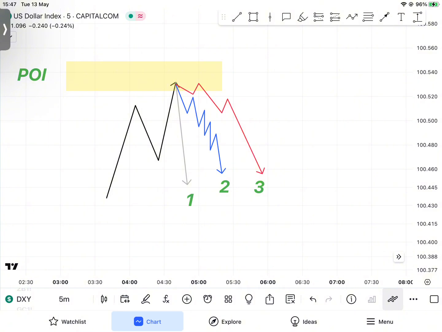Which one of these shapes we drew will it be? 1, 2, or 3? This is something that is of great importance to us. How the price will react after it reaches and hits our level and area, and how it reacts is important to us. Okay?